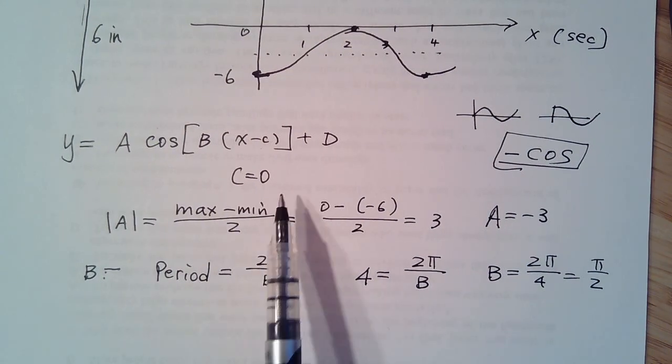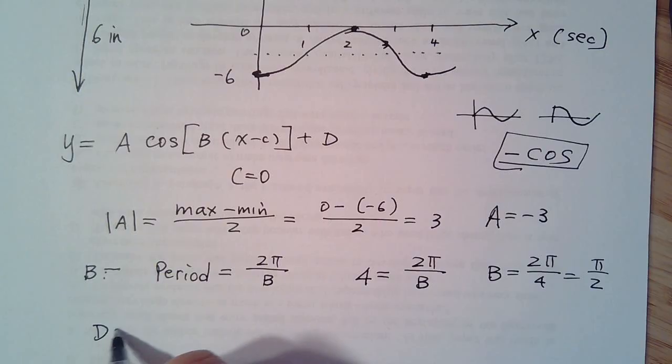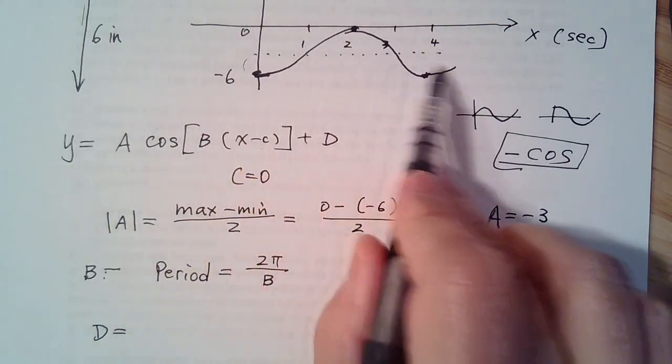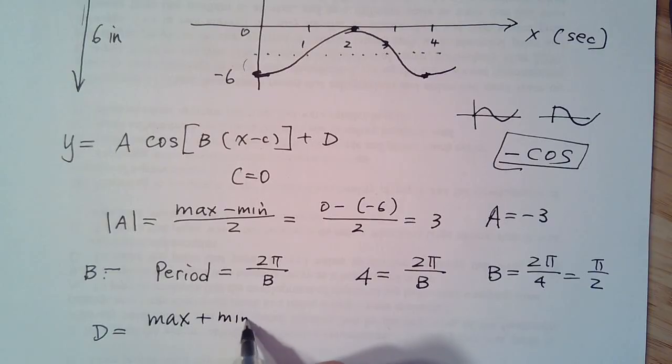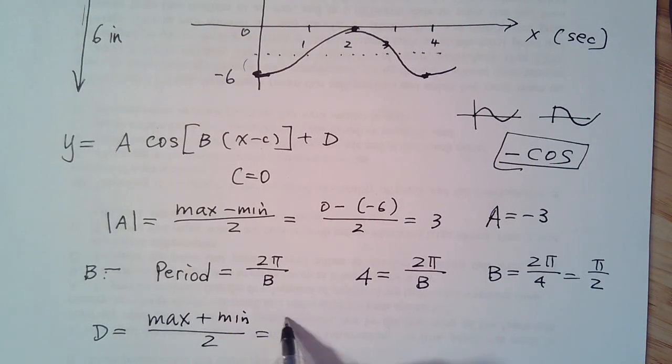A C I already know is 0. What about D? D is the middle position. So that's the maximum plus the minimum over 2. That is 0 plus negative 6 over 2 is negative 3.